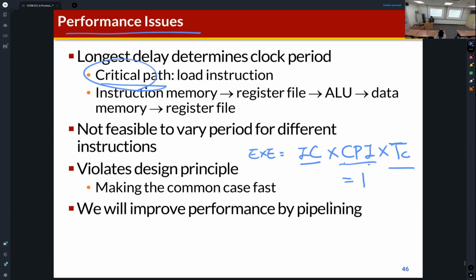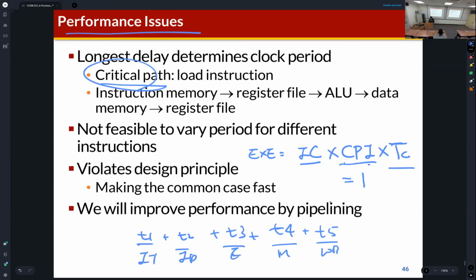So for example, for the instruction fetch step, we require delay T1, and then decoding, so we also need to add the delay T2, and then for the execution like ALU, T3, and then T4, and T5. This is the write back, this is the memory, and execution, instruction decoding, and instruction fetch. Then for the single cycle processor, these delays need to be accumulated.